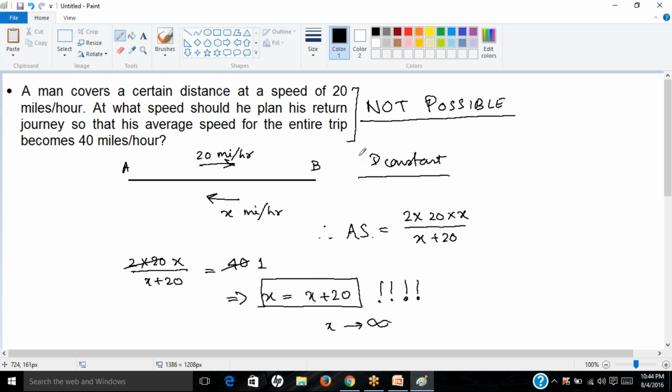So isn't it funny that you cannot make your average speed double if you travel the same distance again? So if you cannot make double, then you cannot make triple, 4 times or anything of that sort. Okay. Anyway, so this is the concept of average speed.